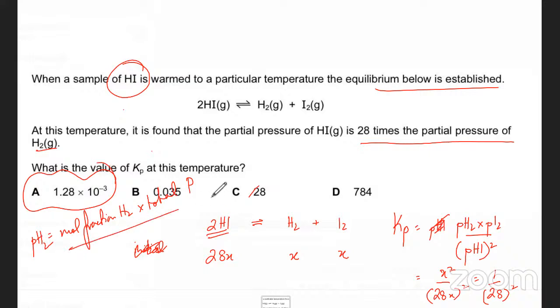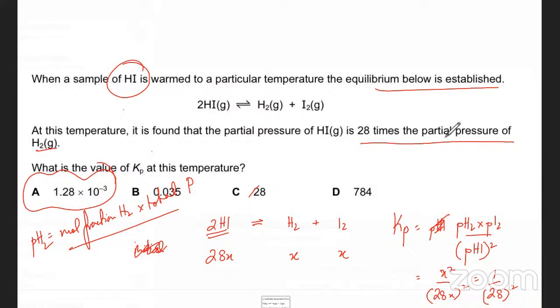So how come you haven't added the equilibrium moles and then divided each one by the total? Yeah, because in Kp reactions, you add up the moles in equilibrium and then you divide each one. But that is to calculate the partial pressure, right?